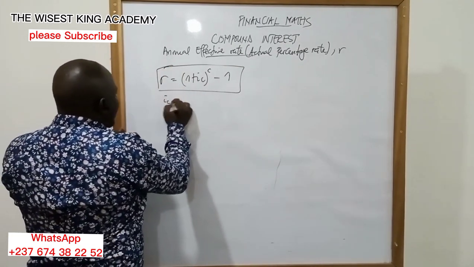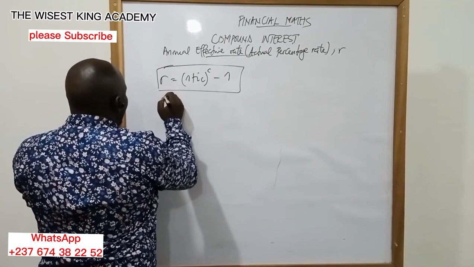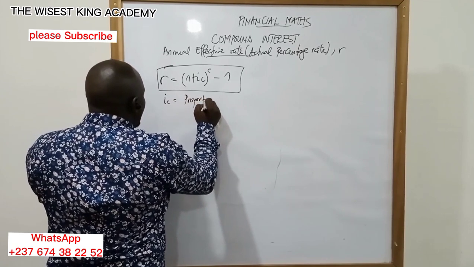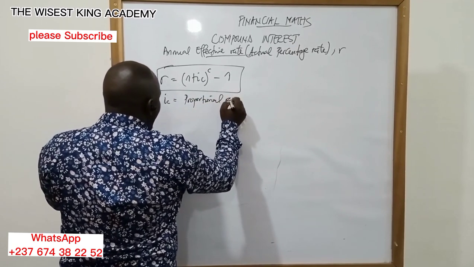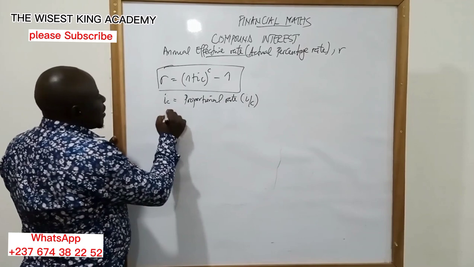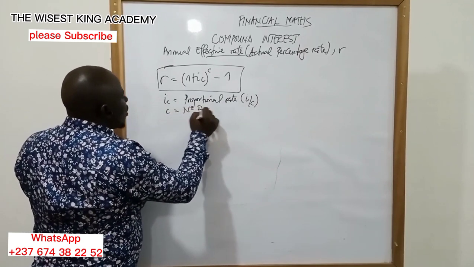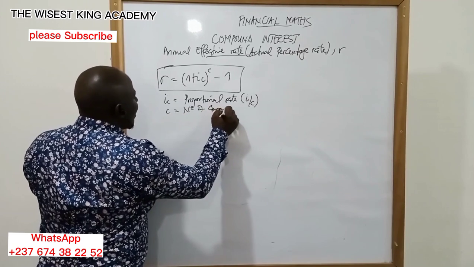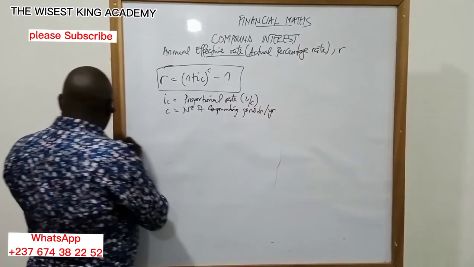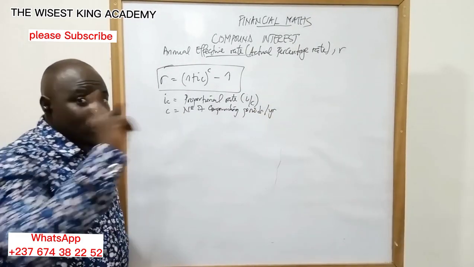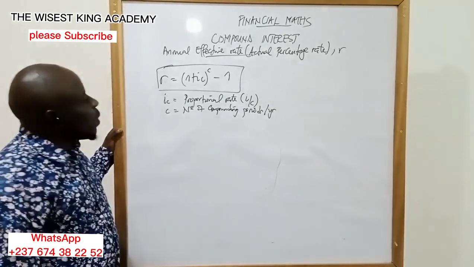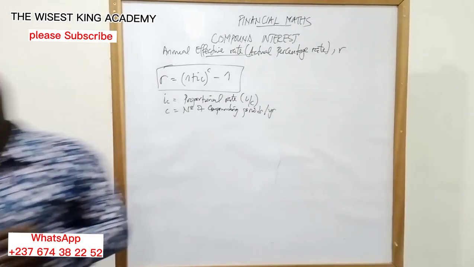We know IC is the proportional rate, which is I divided by C. C is the number of compounding periods per year. So all of this goes just for a year, for a particular year, which is actually the first year.